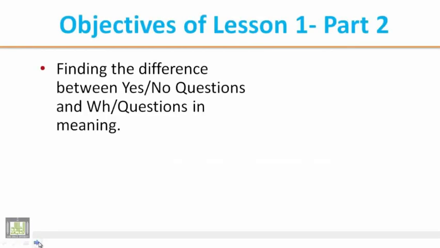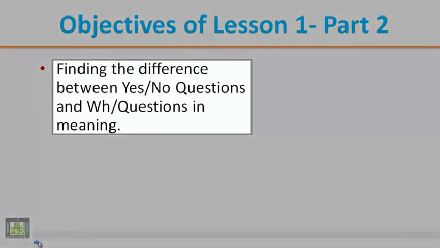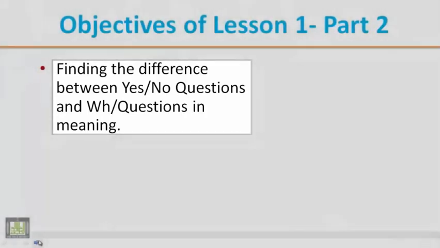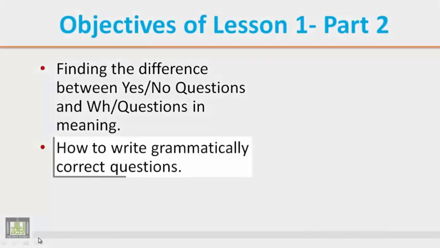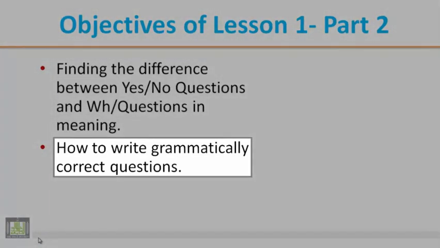The first objective, الهدف الأول, is finding the difference between yes/no questions and WH questions in meaning. إيجاد الفرق بين الأسئلة التي تبدأ بأدوات استفهام تبدأ ب WH والأسئلة التي تتطلب إجابة بنعم أو لا من ناحية المعنى. The second objective, الهدف الثاني, is how to write grammatically correct questions, كيفية صياغة أسئلة بشكل صحيح قواعديا.